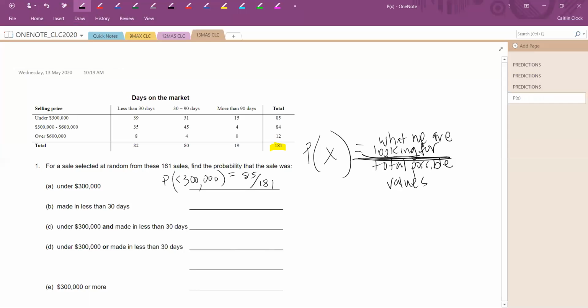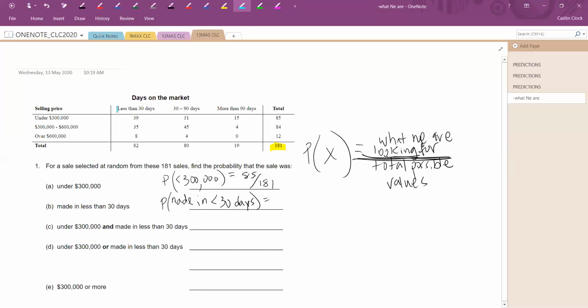Now, how can we say the next one? Probability that it's made in less than 30 days. So now we're just looking for 30 days.